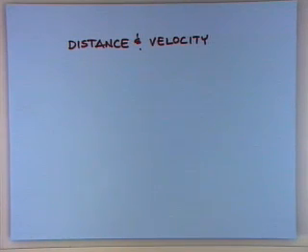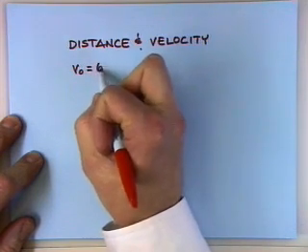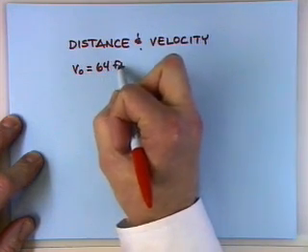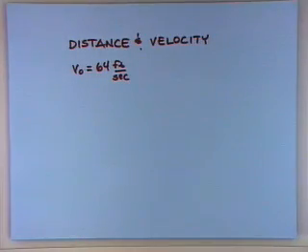Let's say that an object is projected from the ground, up into the air with an initial velocity of 64 feet per second. And then after it's projected up, the only thing that acts on this object is gravity. And acceleration due to gravity is negative 32 feet per second per second.